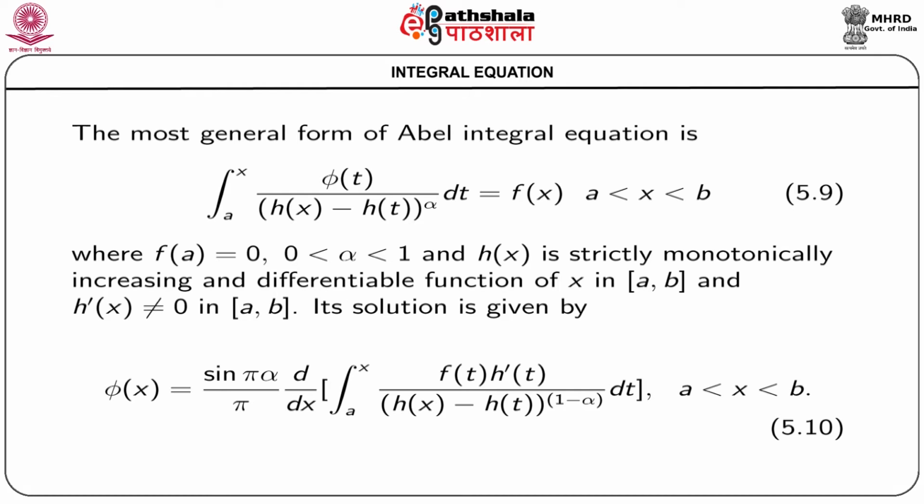The solution of this most general form of Abel integral equation is given by equation 5.10. Here on the right hand side, the t integral is from a to x and the integrand has got h dash t, which we have assumed not equal to 0 in the interval a to b.